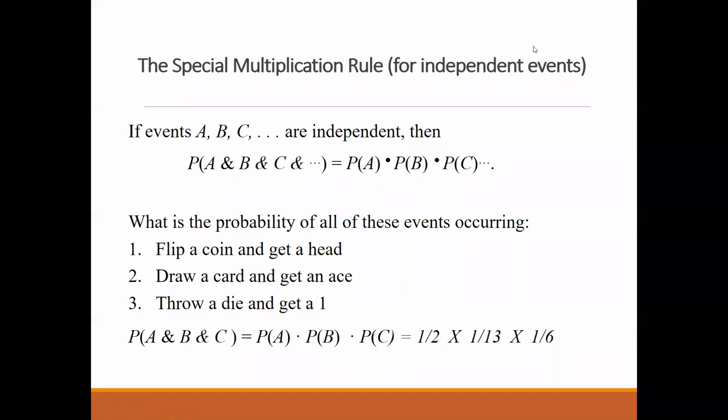There's something in the chat. Okay, the answer is coming to 0.0064. You have gone up to decimal places. And if you want to write it in fraction, it's coming to 1 by 156. Clear?